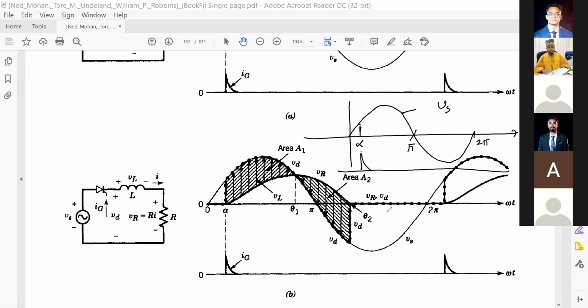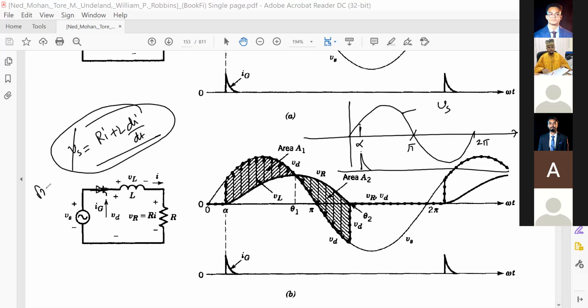Of course, you see, the current will not be sinusoidal, rather different. When the diode is conducting, if you apply the partial voltage, Ri plus L di by dt, then we have to solve this.